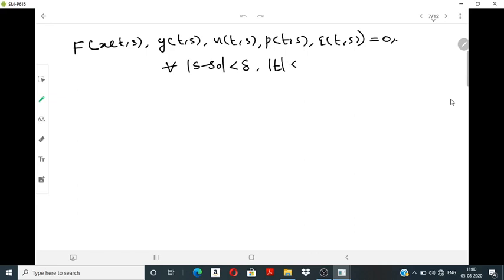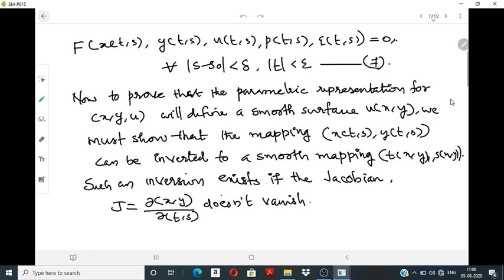Here t means t minus 0. Let this be equation number 7. So the first part of the proof is over.